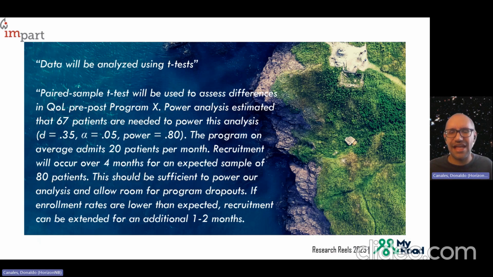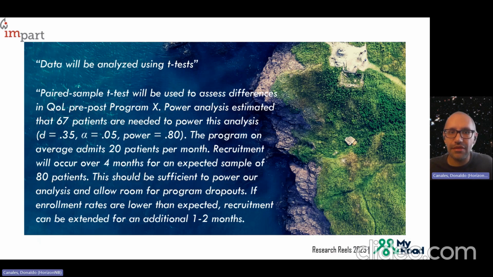So that would be an example of a more detailed analysis. It indicates which specific t-test will be used. It indicates the variable of interest, which is quality of life. You know that it's being performed pre and post the program, so it's probably an intervention of some kind. The power analysis tells you how many patients you need. There are a couple of statistical parameters there, which are a little beyond this presentation, but you include the inputs that allow you to arrive at your final estimated sample size.